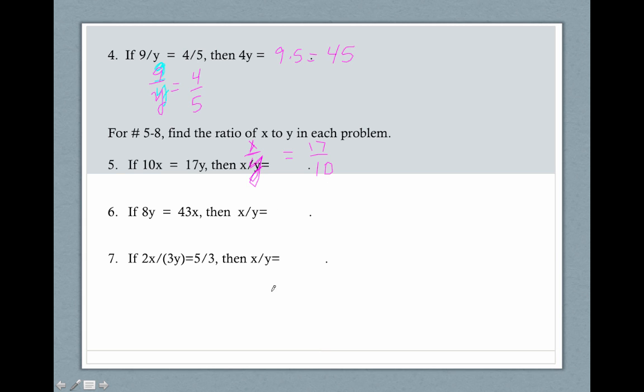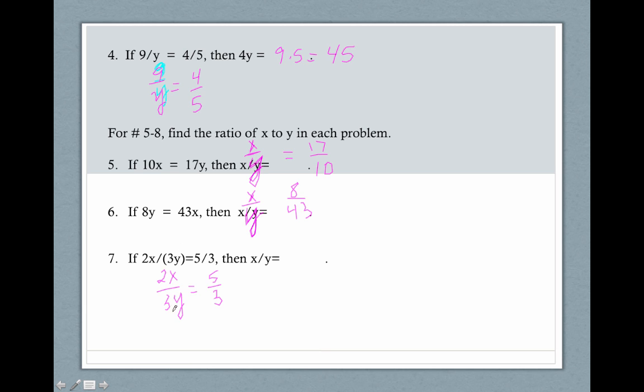Okay, again, x got multiplied by 43, so 43 is in the denominator. y got multiplied by 8, so 8's in the top. Okay, so this time 2x over 3y equals 5 over 3.